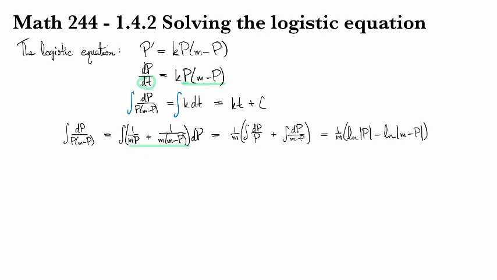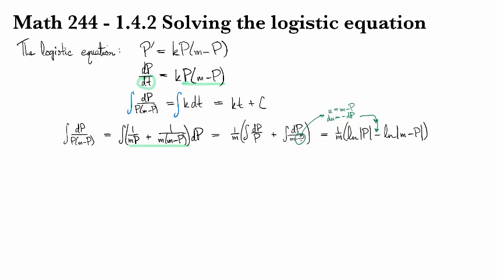If you're wondering about this minus sign right here, this is because when we do the u equals M minus P change of variables, du is minus dP. That spits out the minus sign that we have right here.